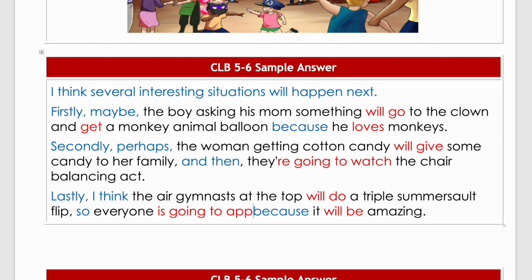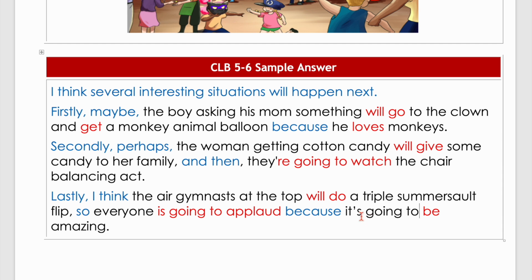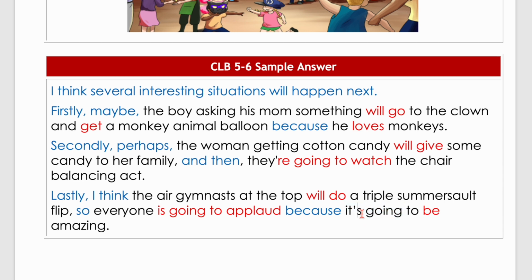You can use either one, okay? Now, the reason why I said is going to applaud here, I feel like it's stronger. So, after that triple somersault flip, everyone's going to applaud because we can say here also, it's going to be.